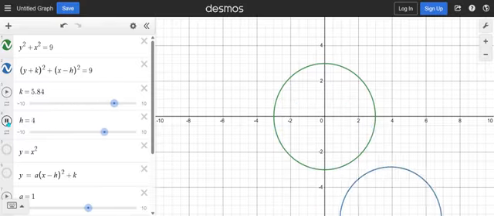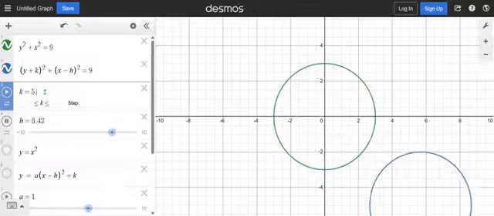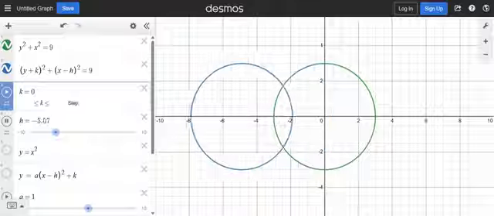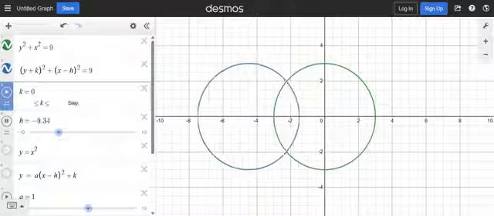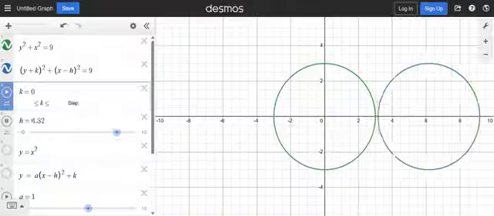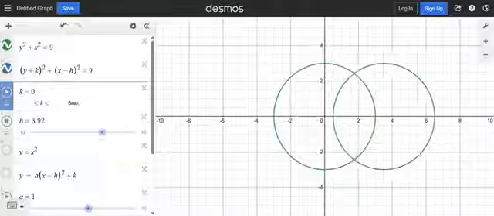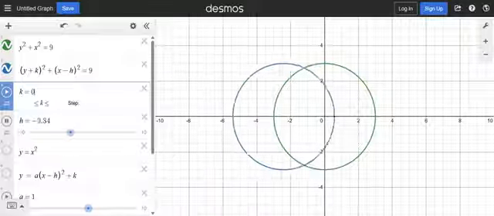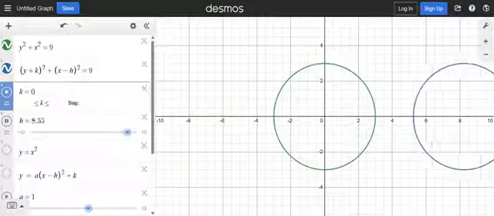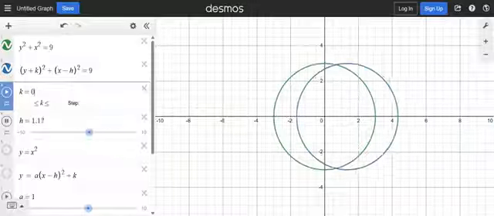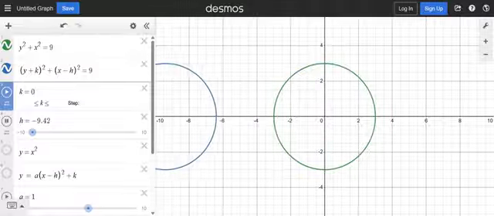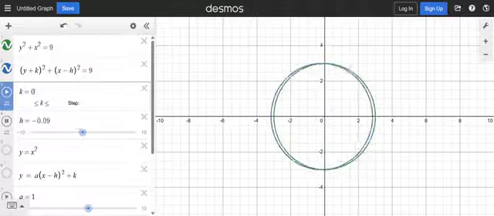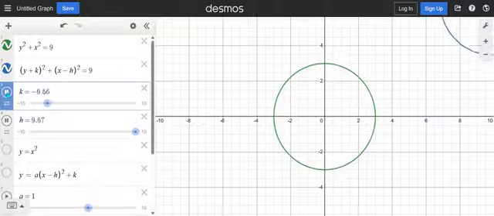If I play, oh wait, I want this to be 0. If I just have the h changing, it affects the x, right? What if I have both of them changing? Show me with your hand what you think is going to happen. So I'm going to have both x and y changing. Okay, I see movement. I feel like that's a, whoa, where'd you go?